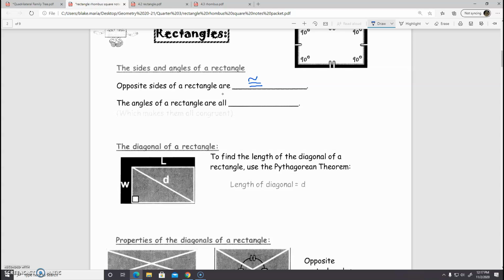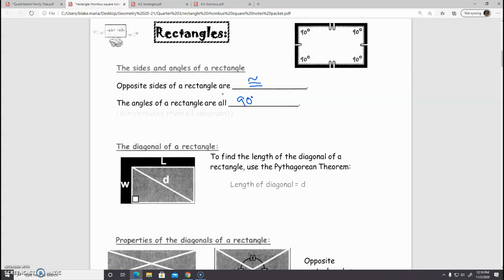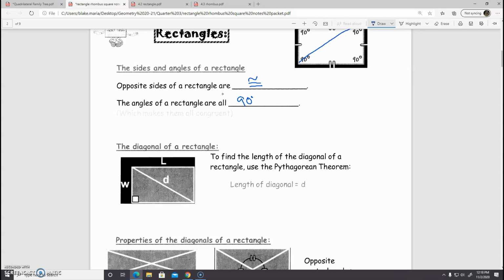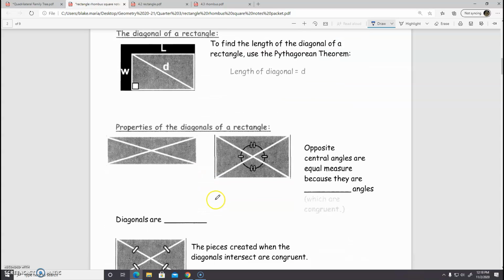The angles of a rectangle are all 90. They're all right angles. The diagonal of a rectangle, you're going to be using the Pythagorean theorem because if you're talking about a diagonal here, you do have a right triangle. So a squared plus b squared is going to equal c squared. You might see some trig showing up in here.